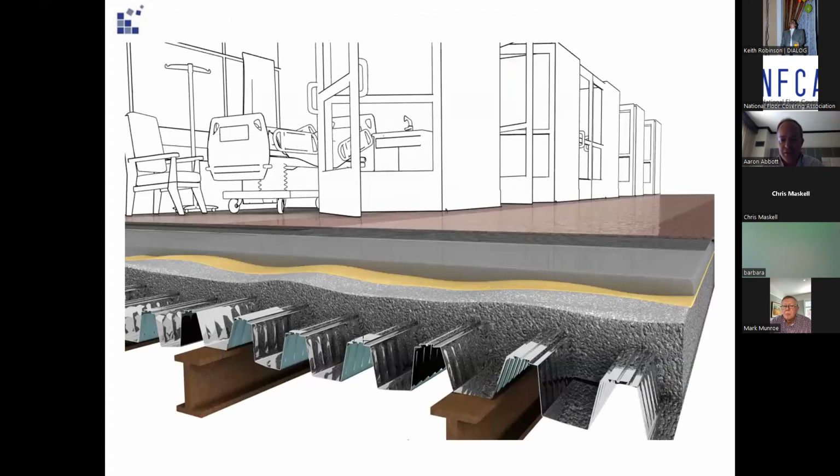But essentially, if you think about a nice new hospital, or a high-end corporate office space, or even residential towers, you have floors with, in this exaggerated depiction, a deflecting concrete substrate.